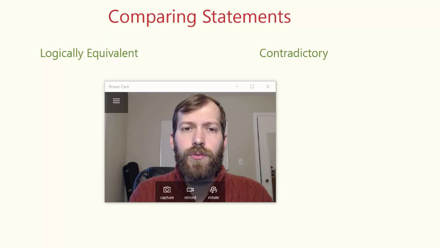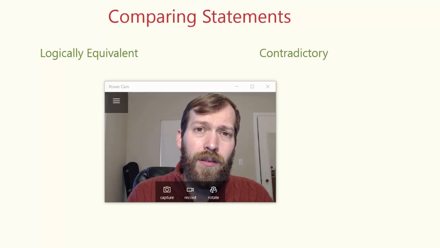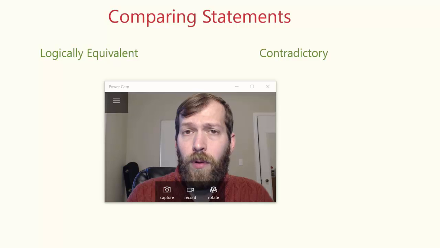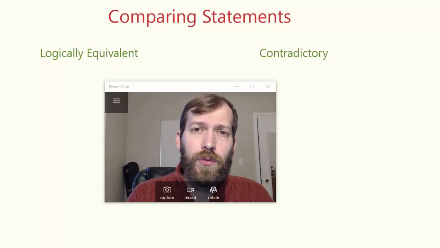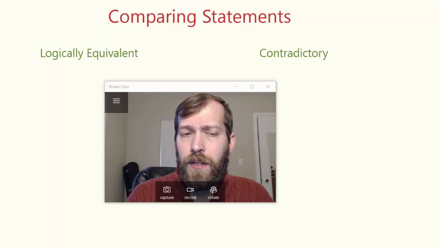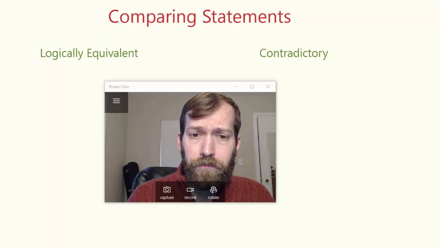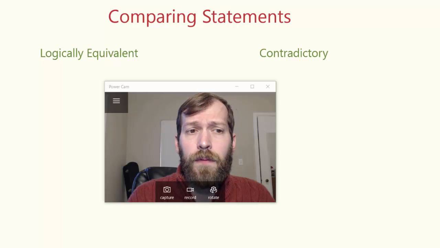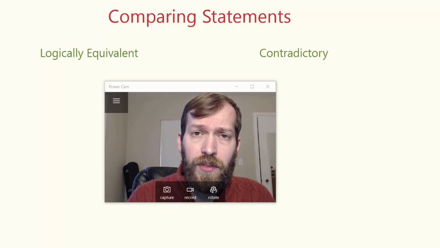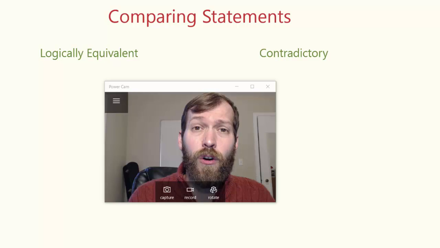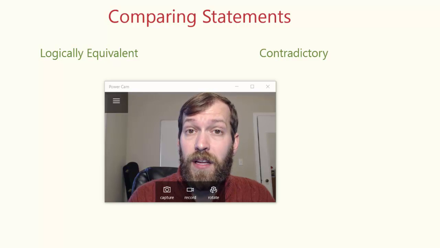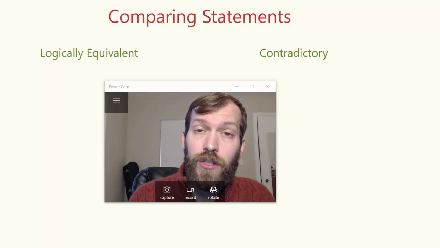We can also use our truth tables to compare different propositions, so two or more propositions. And there's various sorts of relationships that we might find obtained between them. So for instance, we'll take a look at the relationship of logical equivalence and the relationship of contradictories. And if we find out that the truth conditions of the propositions in question are the same, that is, they give the same truth value for each situation, they're logically equivalent.